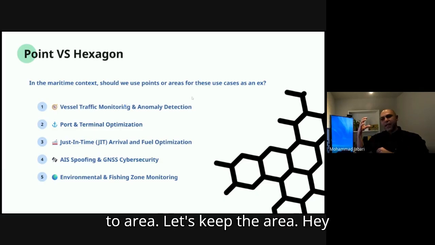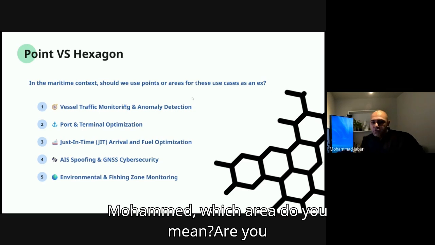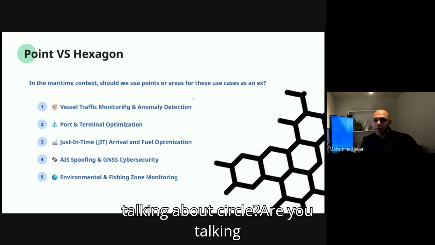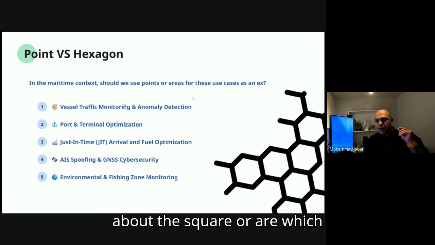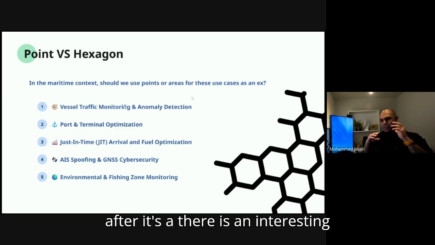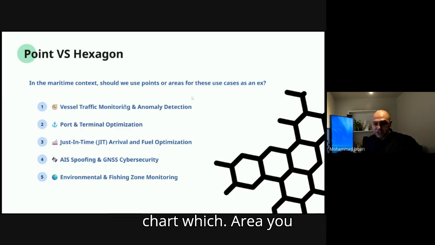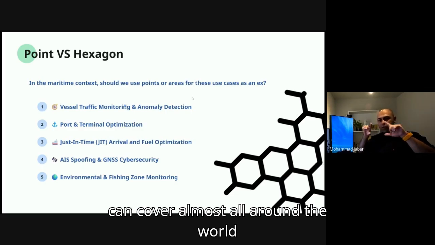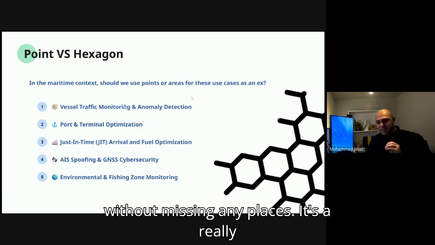Let's keep the area. Hey Mohammed, which area do you mean? Are you talking about a circle? Are you talking about a square? Which shape are you talking about? There's an interesting chart: which area can cover almost all around the world without missing any places?